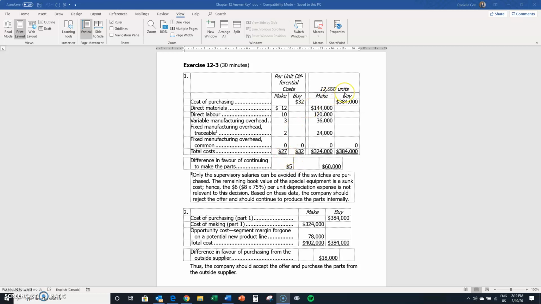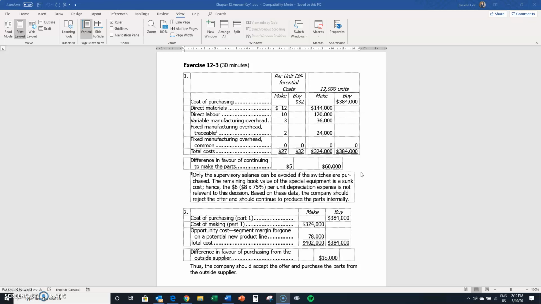All they did over here is we were given information based on 12,000 units per year, so they're just taking the individual unit amounts times 12,000 so that you can see that it's $60,000 in difference. Part 2.